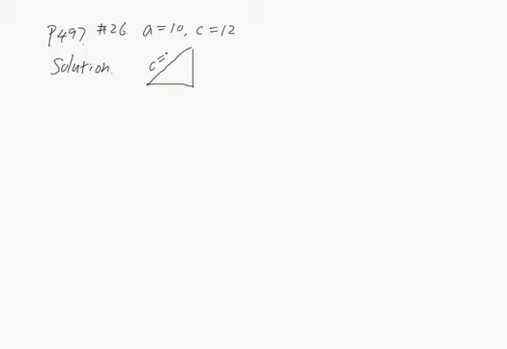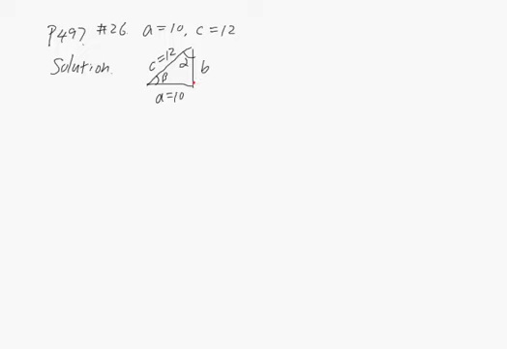C is equal to 12, A is equal to 10, and here is B. We have angle beta here, and angle alpha here. First, we need to find the length of this side.